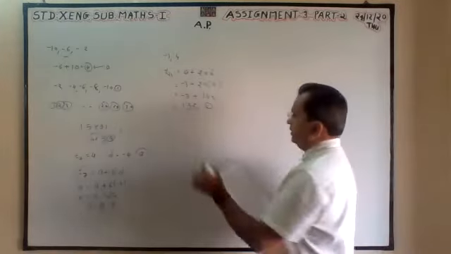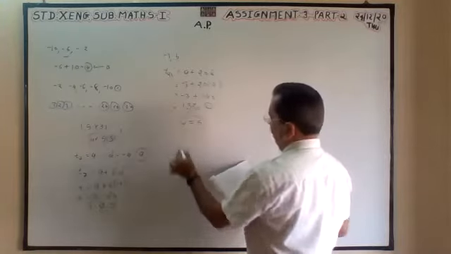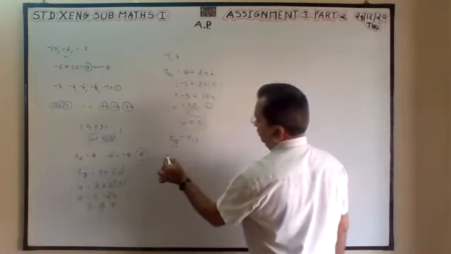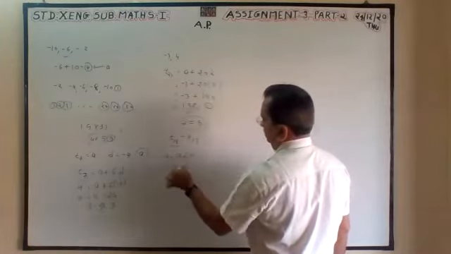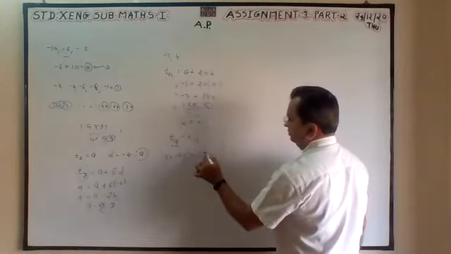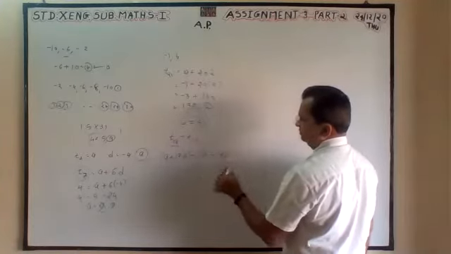Difference is 5. Find T18 minus T13. T18 means what? A plus 17D. T13 means A plus 12D.